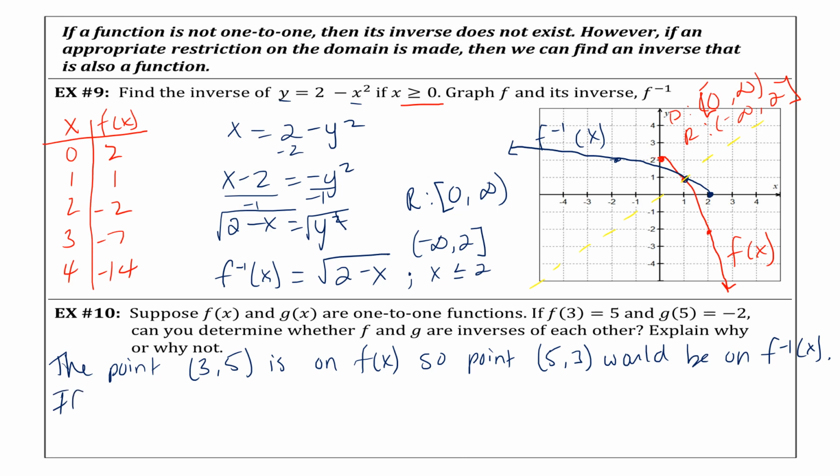So if the inverse equaled g of x, then g of 5 would have to equal 3.